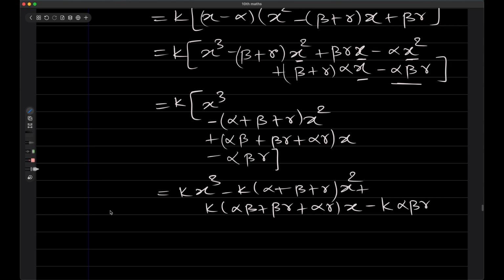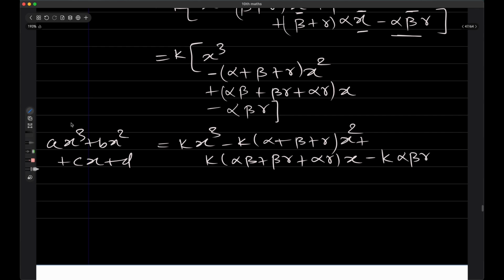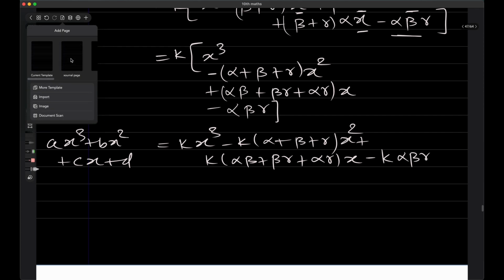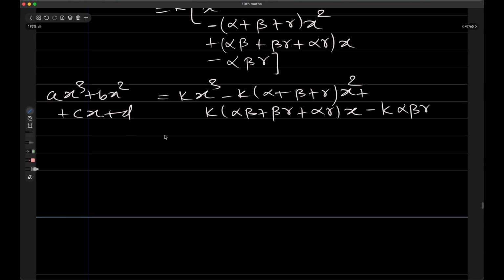And let us compare with the left hand side, that is ax cube plus bx square plus cx plus d. The coefficients of x cube are a equals k, coefficient of x square, that is b equals minus of k into alpha plus beta plus gamma.